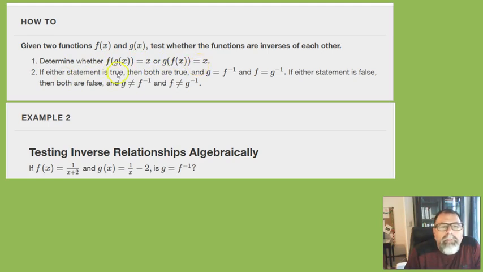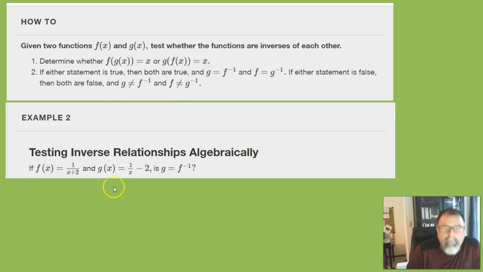If both are true, then they are inverses, so basically you have to check both directions. If either statement is false, then both are false, and they're not inverses. Okay, so we're testing the inverse relationship algebraically.